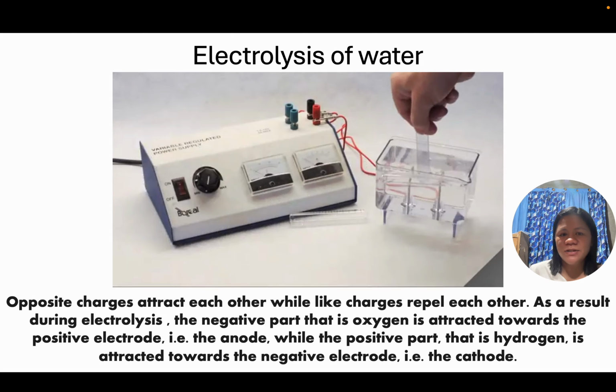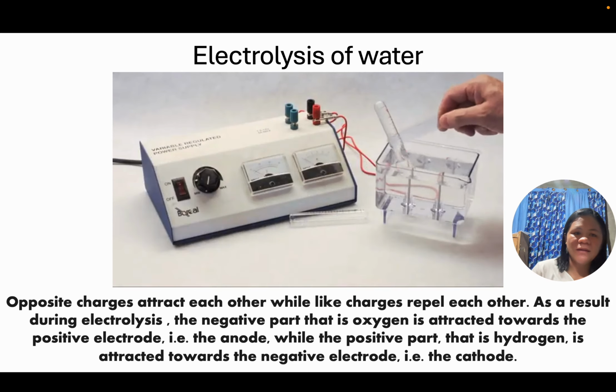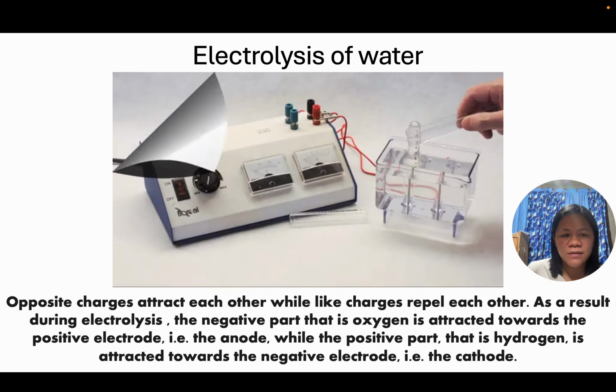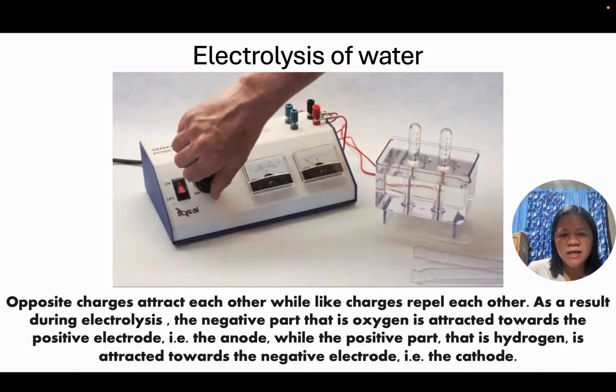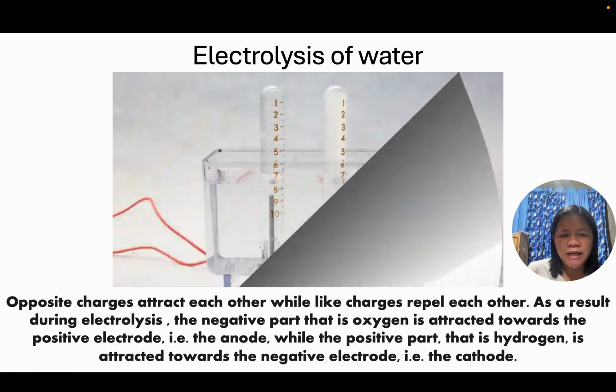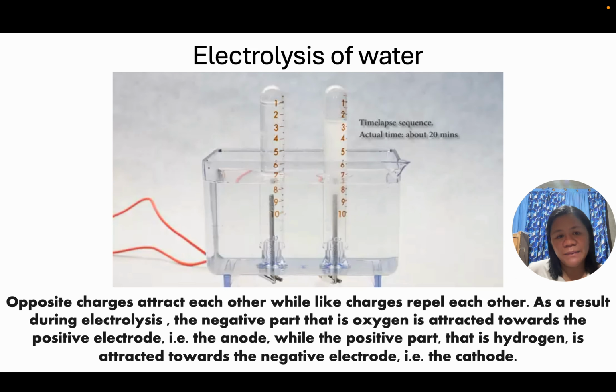So again, there's water, and we have the cathode and anode there. The negative part is of course attracted to the anode, and the positive part is attracted to the cathode.